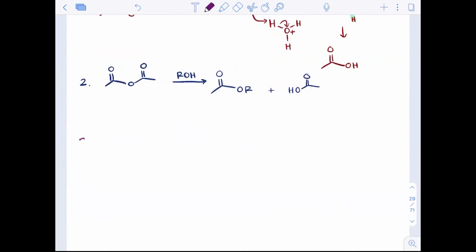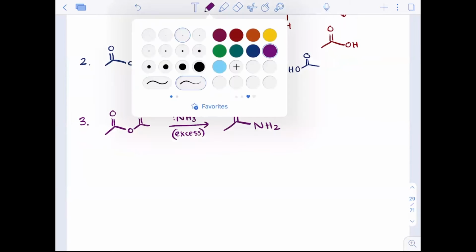Last one on this section of substitution, the anhydride can be reacted with an amine. Could be, again, ammonia, a primary amine, or a secondary amine, and that will result in an amide.